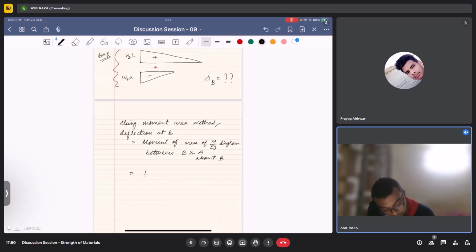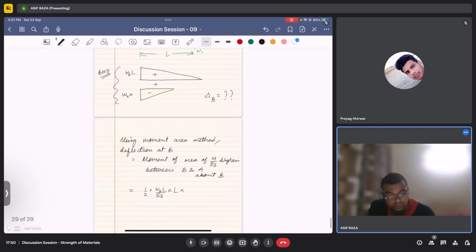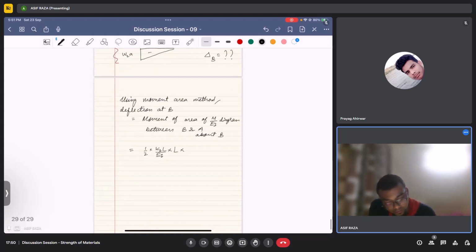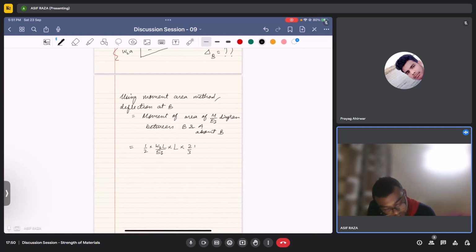What would be the area? Half into W1L upon EI times L, and the moment would be acting about 2 by 3 of L, right?